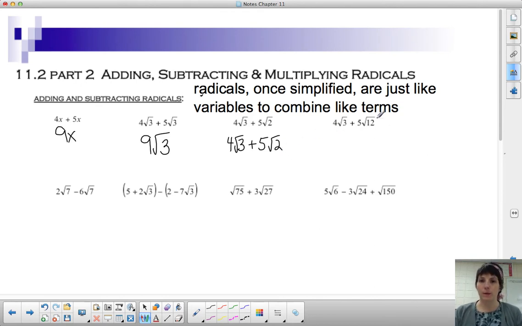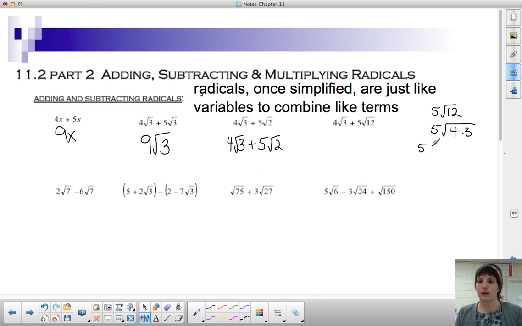This last problem may look like a problem where we have 4 root 3 plus 5 root 2, but the square root of 12 is not simplified. So we actually need to think off to the side here, and we need to take that 5 root 12 and simplify it. So 12 is, let's see, 5 on the outside, and on the inside we have 4 times 3. The square root of 4 is 2.